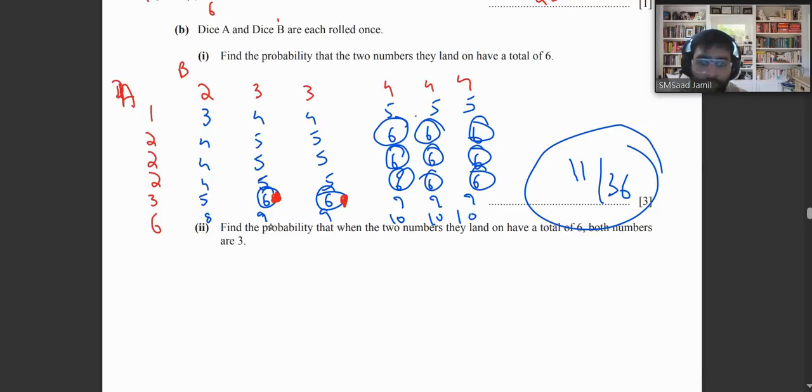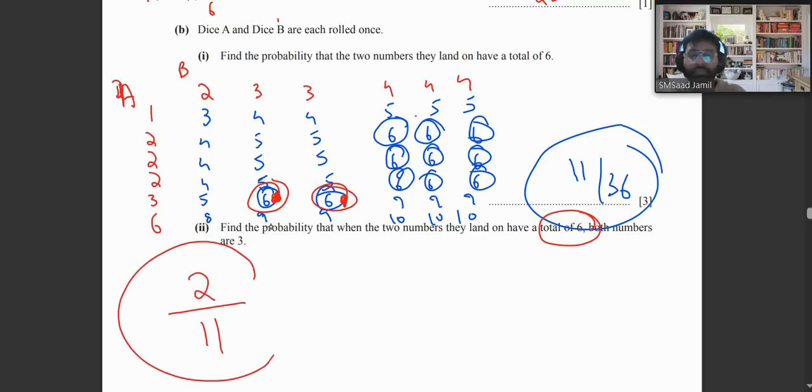How many times is 6 coming? 11 times. How many times is it then that both the numbers are 3 and the outcome is 6? It's 2 times. So 3 and 3, it is 2 times. When you add two numbers you get 6, and the two numbers are also 3. And the total times we get the number 6 is 11. So that's how we get 2 upon 11.